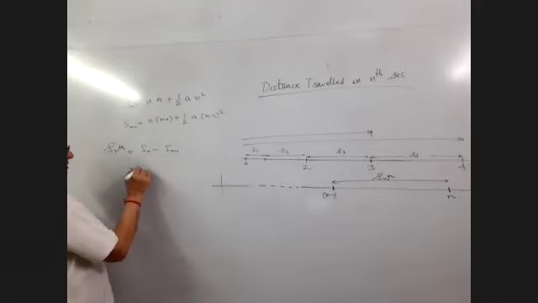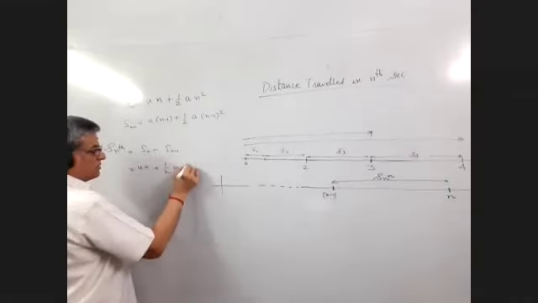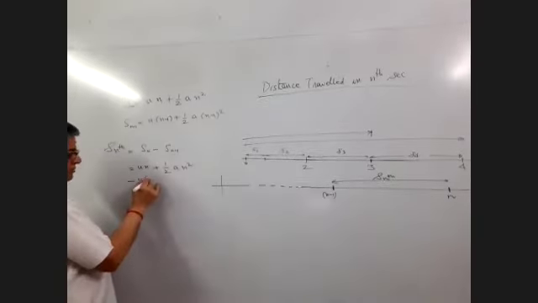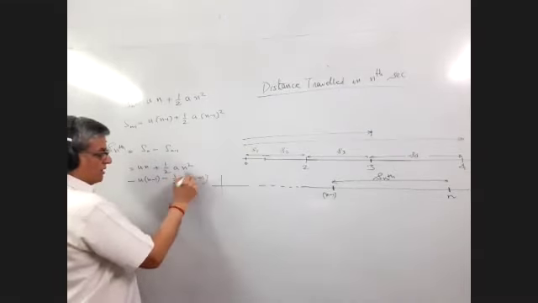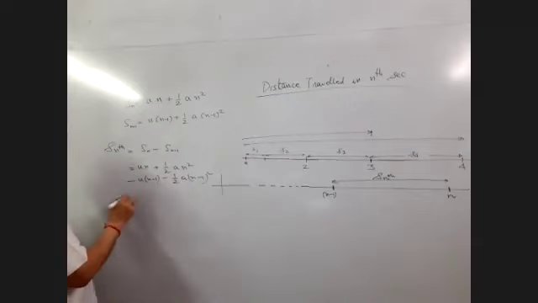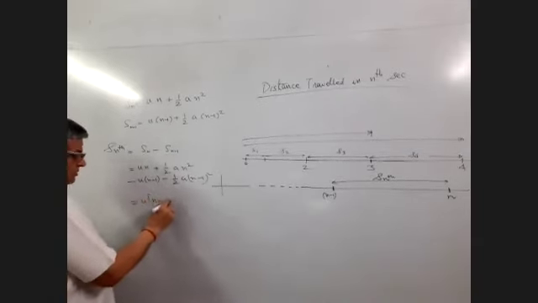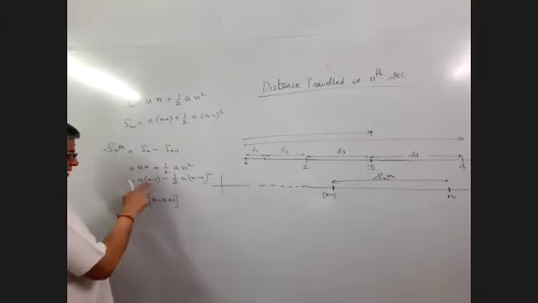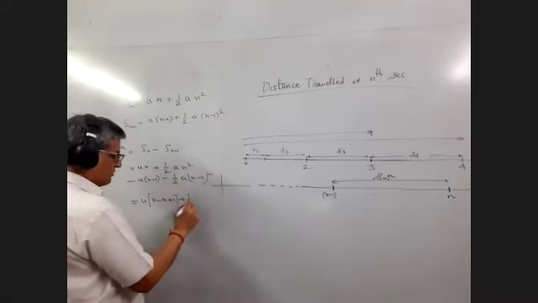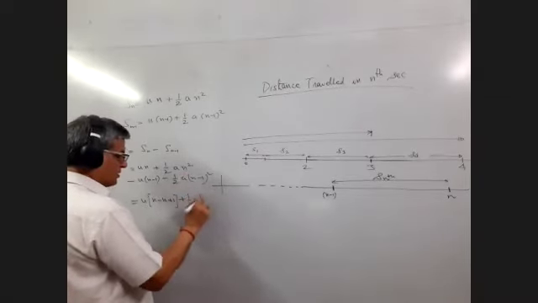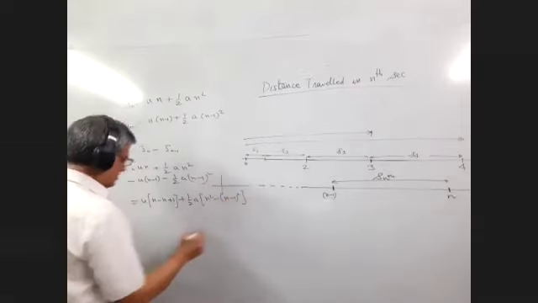So we just put these values here: un plus half an square minus u(n minus 1) minus half a(n minus 1) square. So this is, u common ले लो, n minus n plus 1, ये माइनस का है तो माइनस n, ये प्लस 1, और यहाँ से half a common ले लो, तो ये n square minus (n minus 1) whole square.